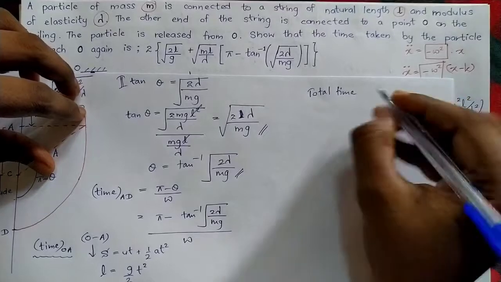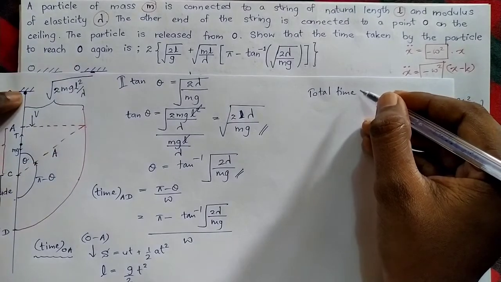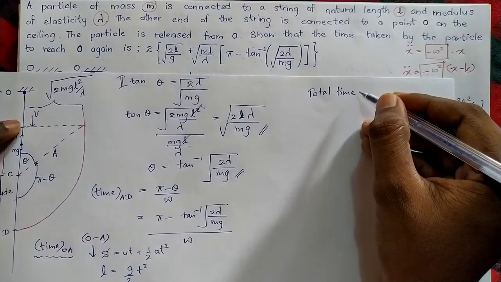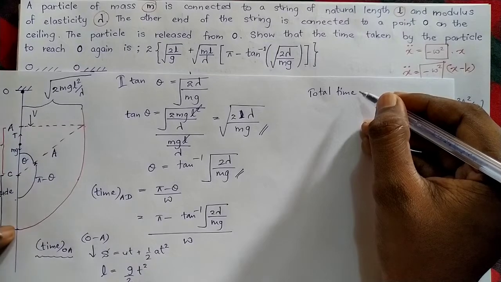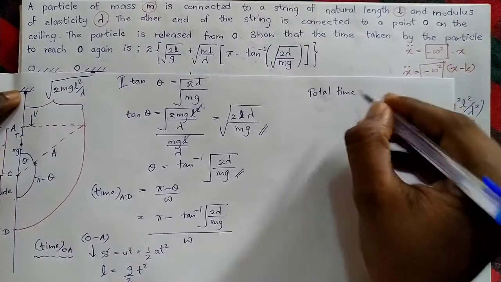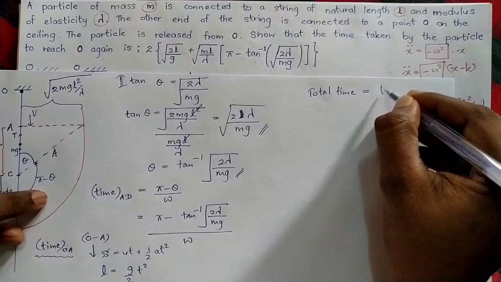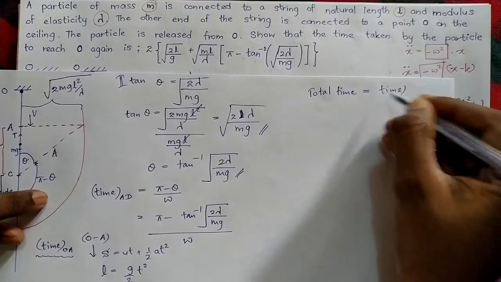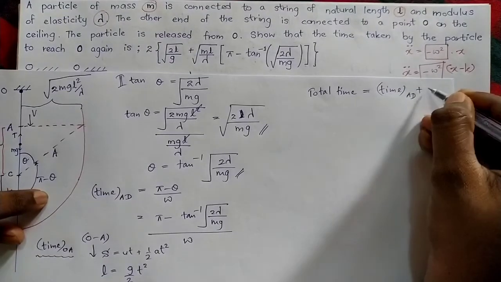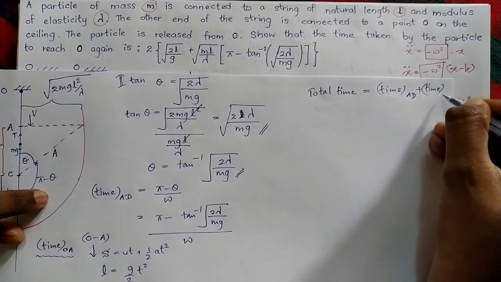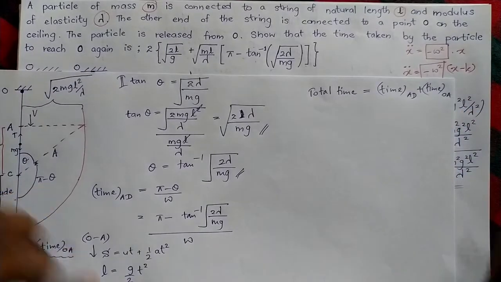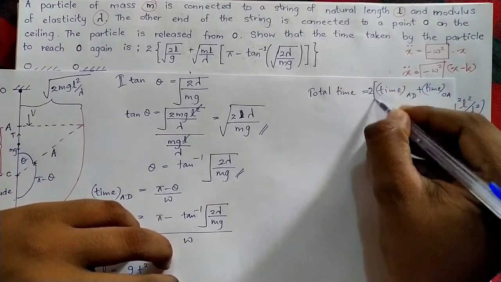The total time taken by the particle to reach O again, O to A to D, and again D to A and A to O, is equivalent to time AD plus time OA, into 2. We have to multiply everything by 2.